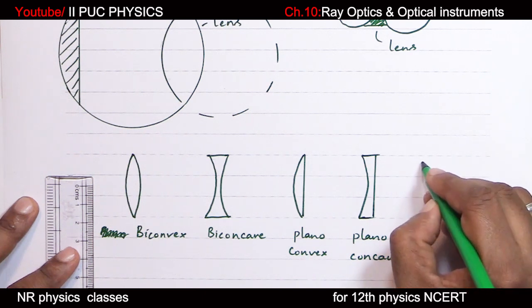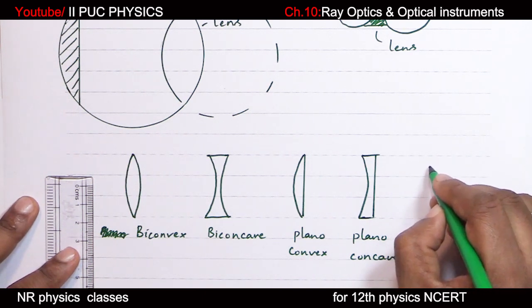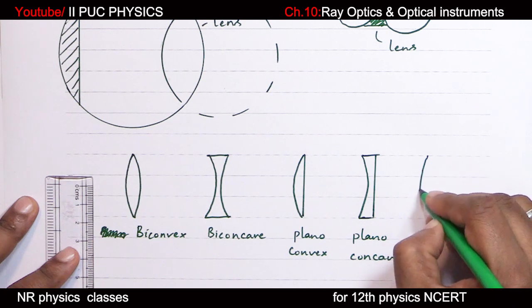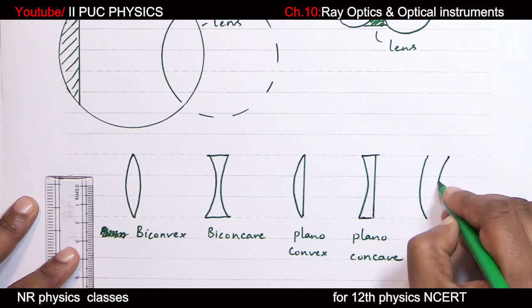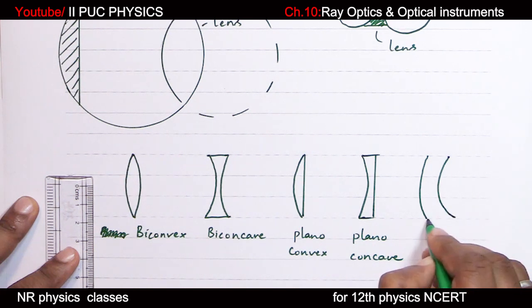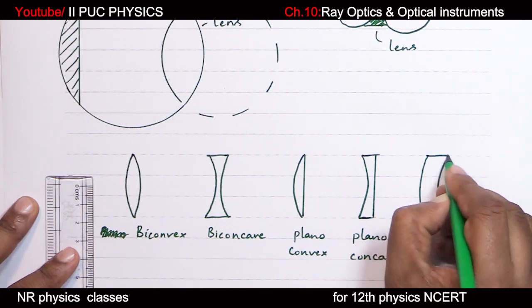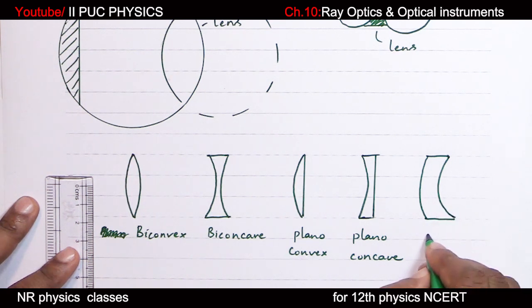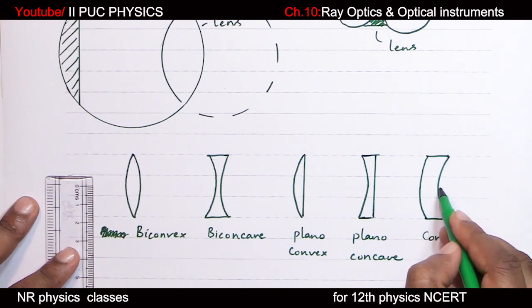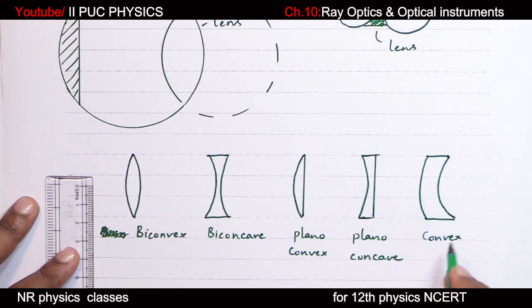Then if there is a convex surface and the second surface is concave, then this is convex concave. This is concave and this is convex, also convex concave.